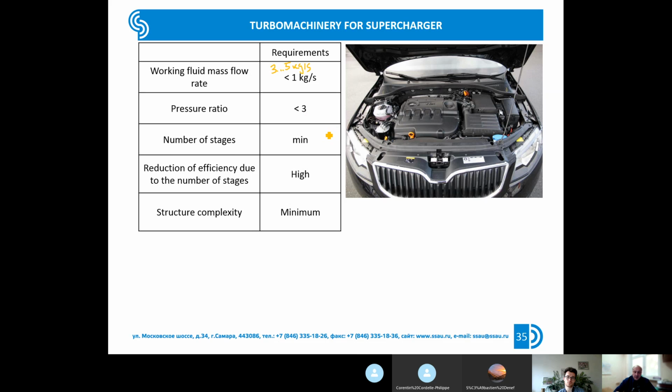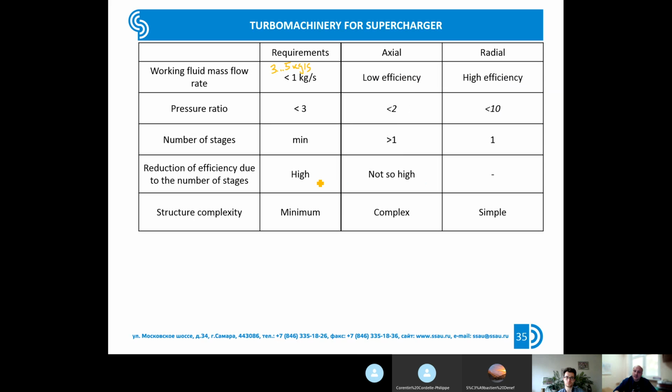And these requirements are the same as for the gas turbine engine, because you need to reduce the complexity of your system and finally reduce the money which you spend for creating it, for fuel consumption, for construction. So let's compare different types of turbomachinery. In this region of mass flow rate, a radial compressor will have high efficiency.